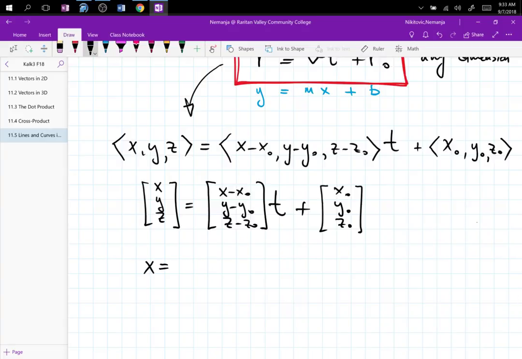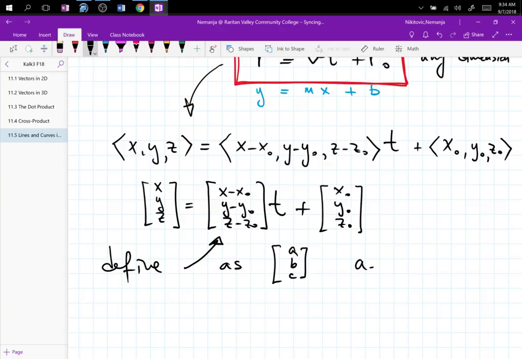Let me just define this as ABC. So A is x minus x0, B is y minus y0, and C is z minus z0.